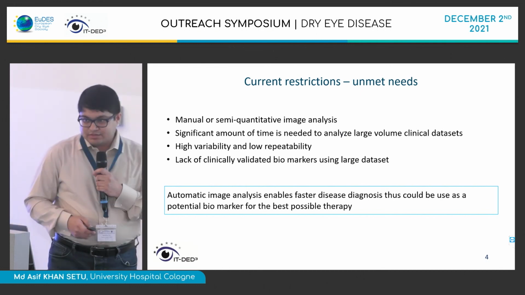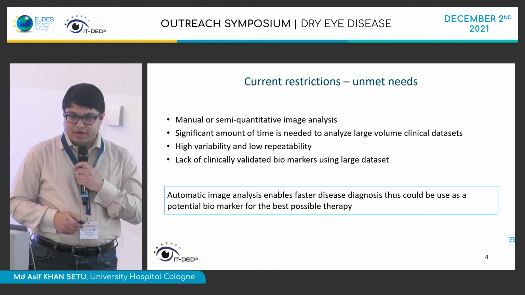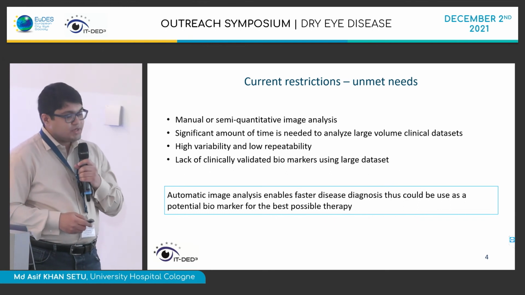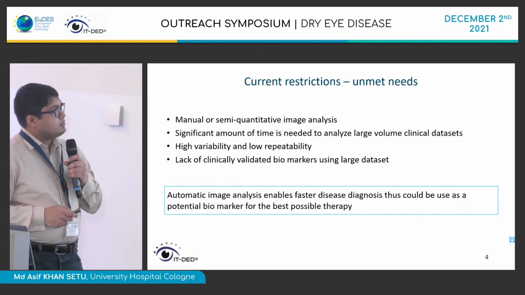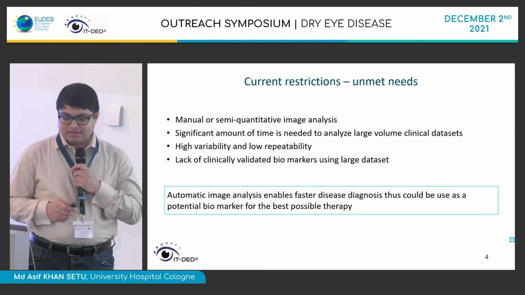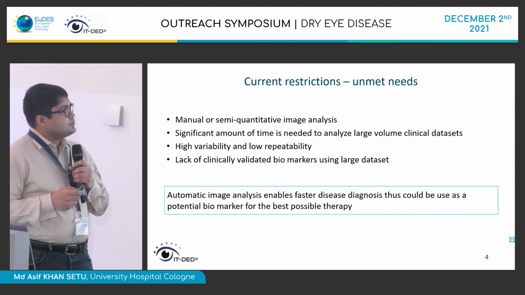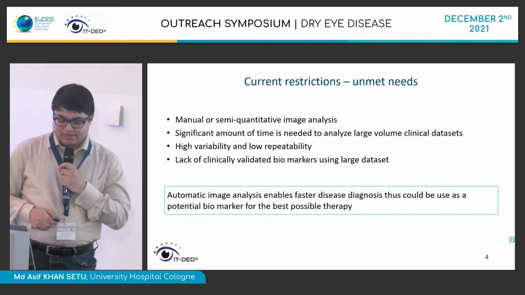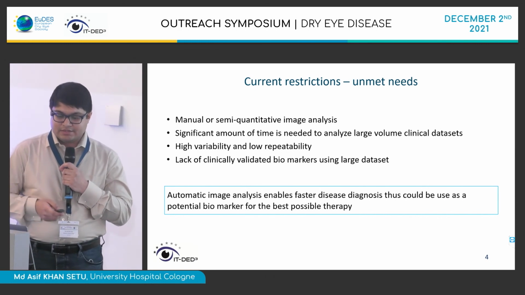So when I started 3 years back, we had some limitations or unmet needs in the clinics: what we need to do or what is missing. We found that there is a lack of image analysis software. Clinicians or graders use manual or semi-quantitative analysis for the large volume of images produced in the clinics.